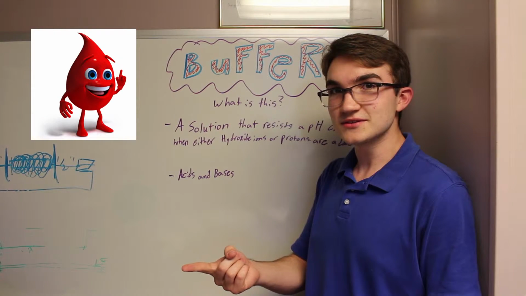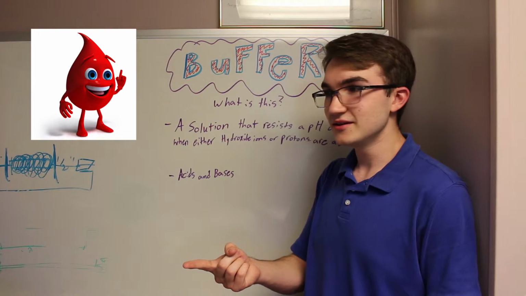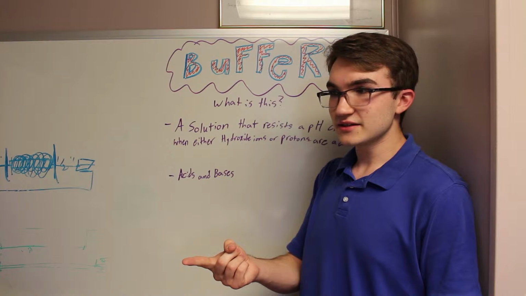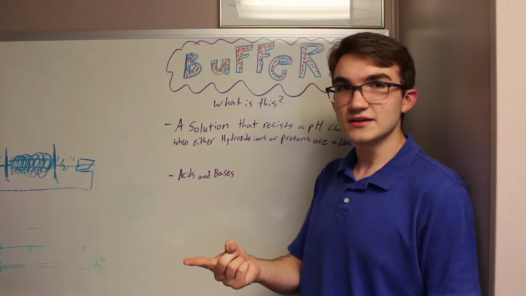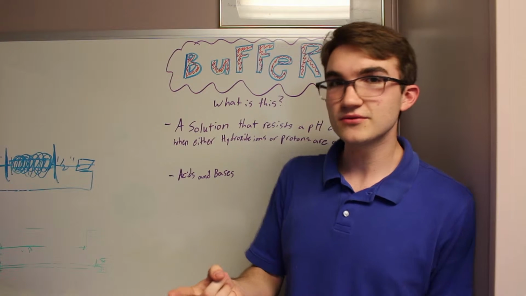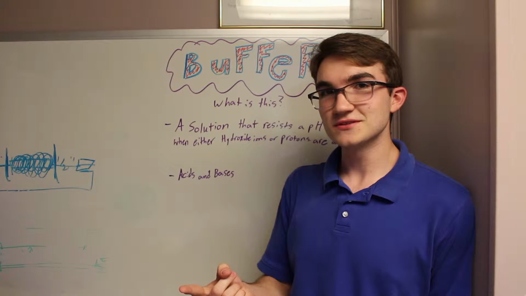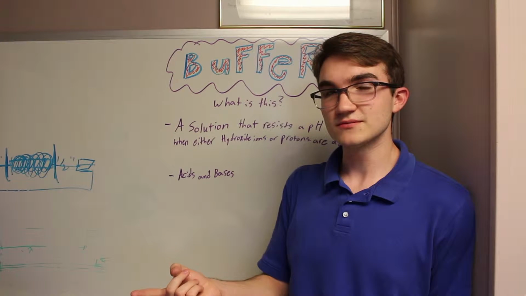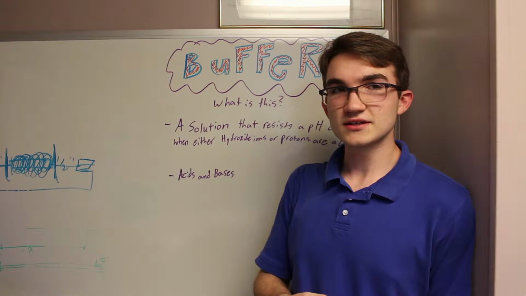Blood. That's always something that we need to buffer, because our blood must maintain a pH of 7.35 in order for us to live, or else our blood becomes too acidic or basic, and then we die.